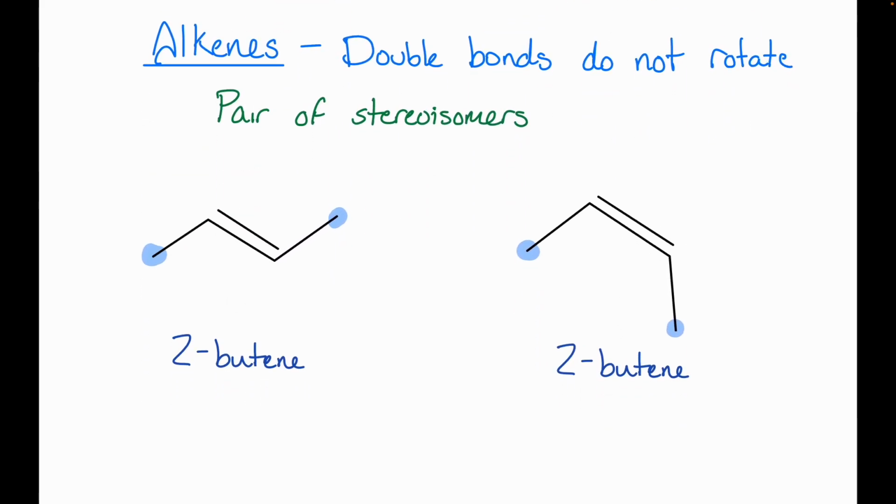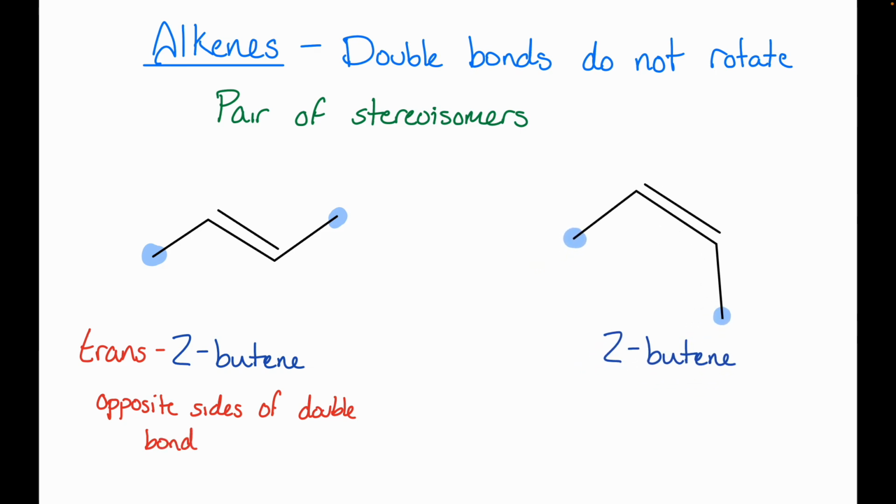So this one we would call the trans 2-butene, because those two groups are pointed on opposite sides of that double bond.